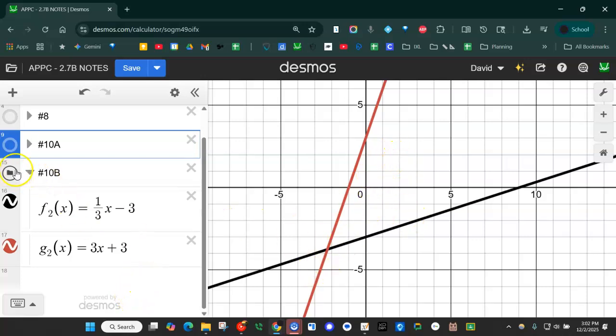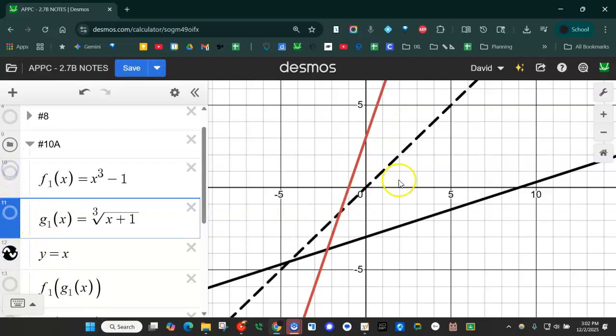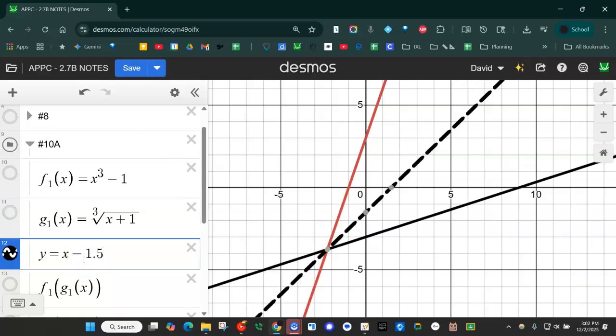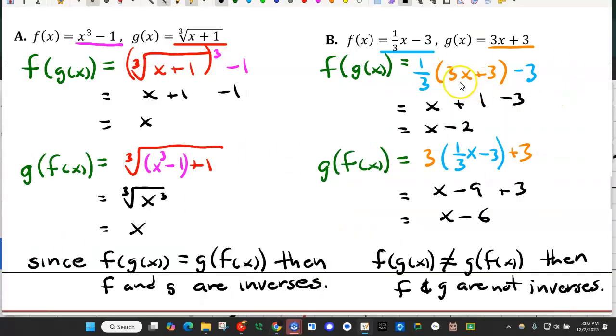It just doesn't go through the origin. If I actually made this minus 1.5, yes, there is a reflection, but not through the origin. It has to be through the origin to be considered inverses. And if you tried it numerically, if you plugged a number into the first one and then into the second one, you would not arrive at the same x value. It would not do that.